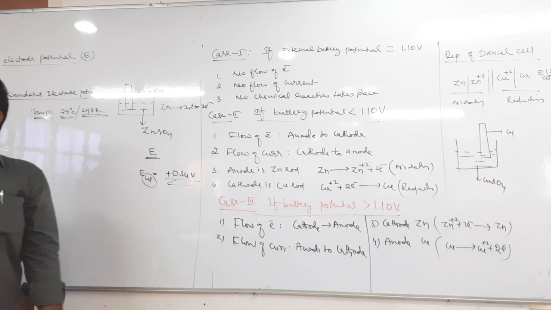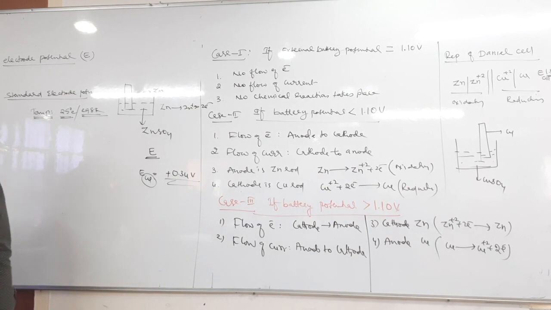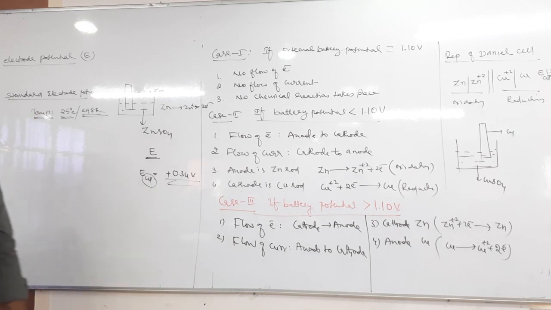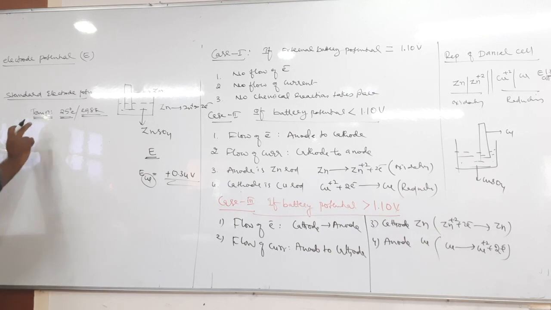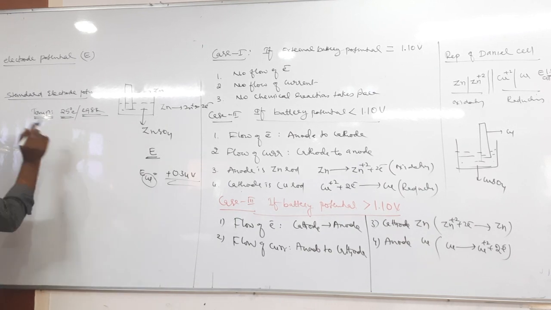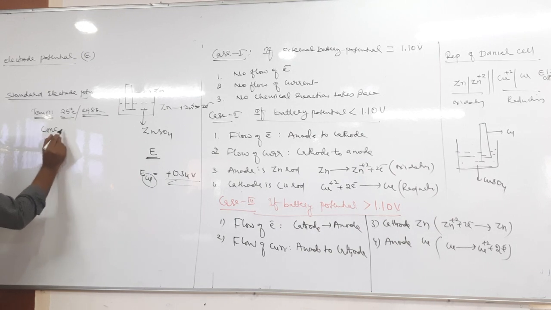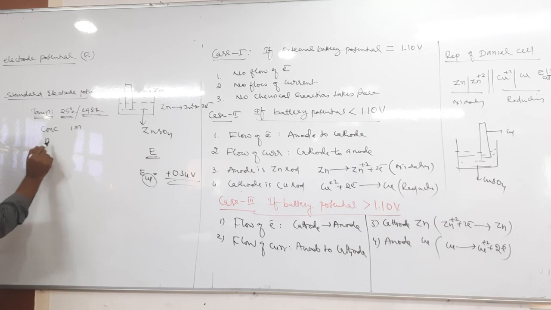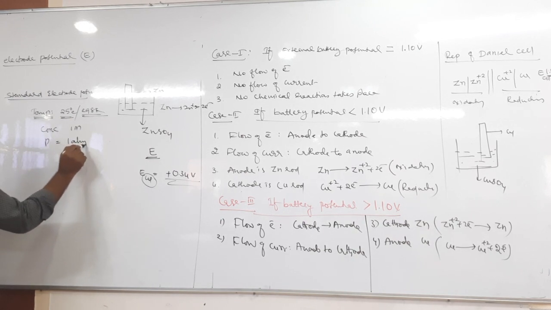Therefore, 0 degrees is the standard temperature for gases, whereas 25 degrees Celsius or 298 Kelvin is for liquids and solids. And the standard concentration we take is 1 molar, and the standard pressure is 1 atm.